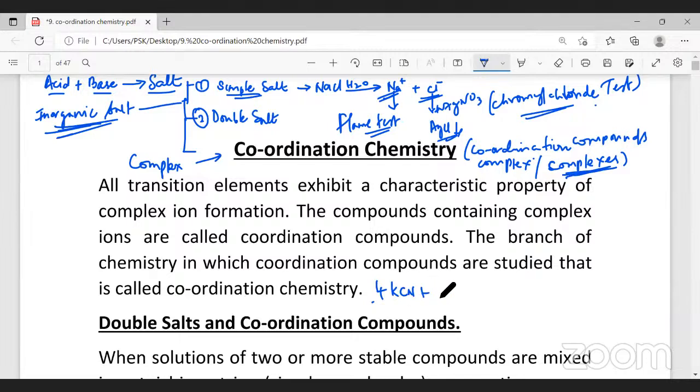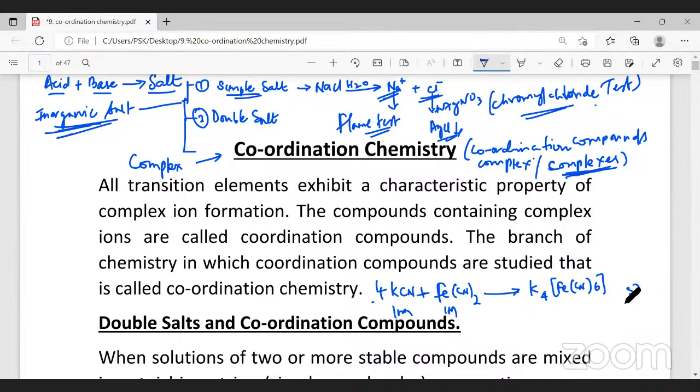Likewise, if I take ferrous cyanide, Fe(CN)2, this also is a simple salt. If you take equal volumes of potassium cyanide and ferrous cyanide, these will react to form K4[Fe(CN)6].